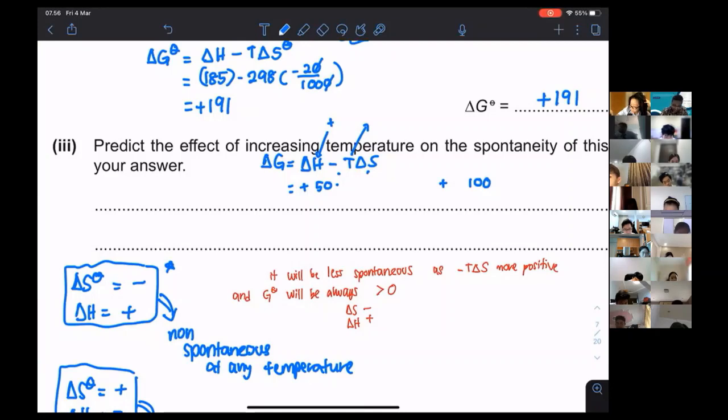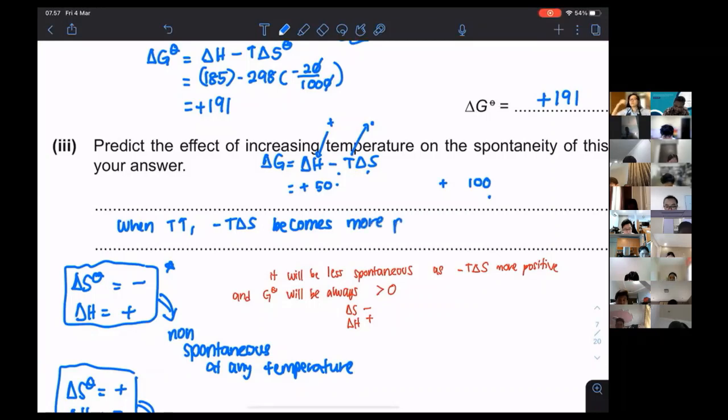The bigger this, you will get a bigger number, a positive value. So it means when T is increased, your minus T, this value becomes negative, negative, so it becomes more positive.